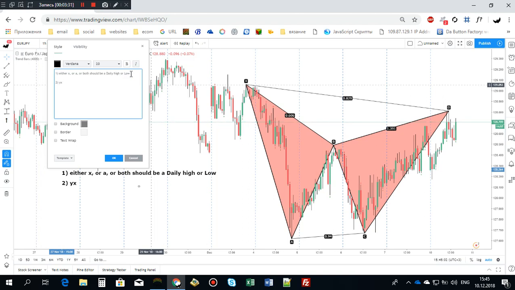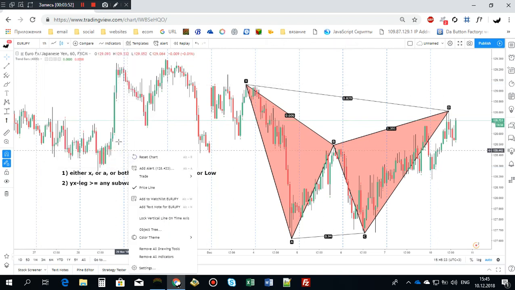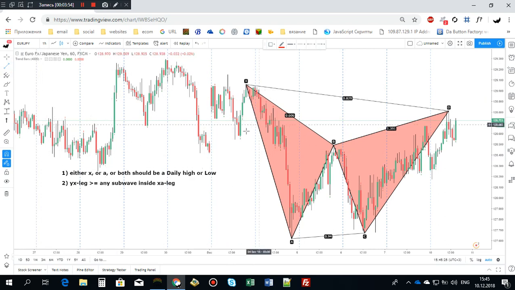Okay, the second thing is a bit different, and it is based on this guideline. The YX leg, as I call it, is the leg that is prior to XA. YX should be greater or equal to what? To any subwave inside the XA leg. So let me draw a YX leg. Let this YX leg look this way.